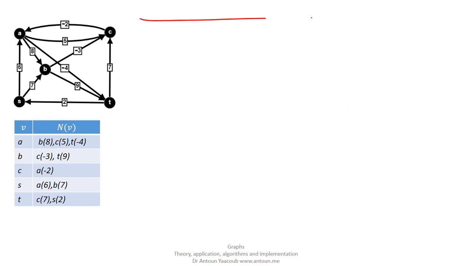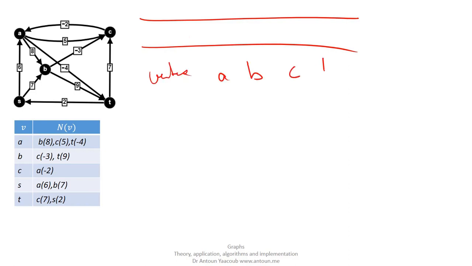I have here my Q, and we have our vertices A, B, C, and T. We have distance, which at the beginning is all plus infinite. We have parent, and we have the state of whether it's in the queue or not.